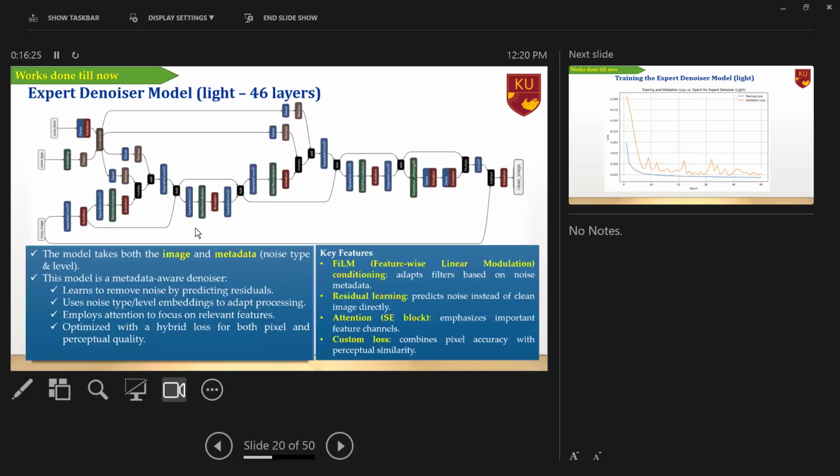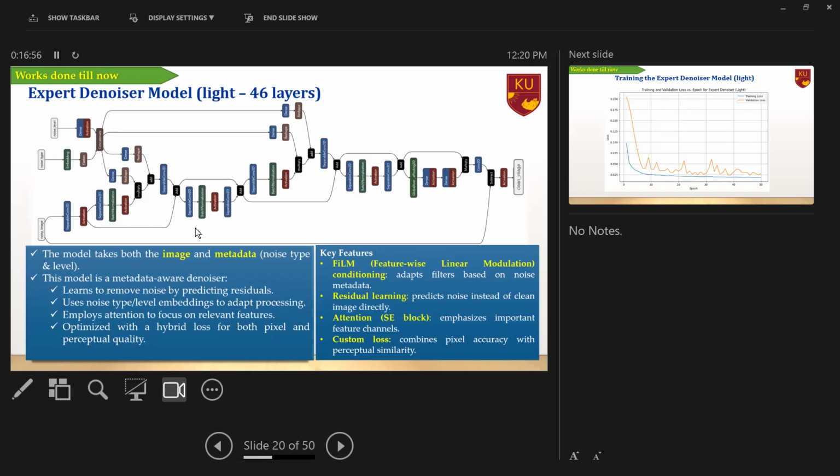So next we have the expert denoiser model. The denoiser model takes heavy resources, so we have tried two models, one with 46 layers and another with 120 layers. We named them the expert denoiser light model and the expert denoiser deep model.